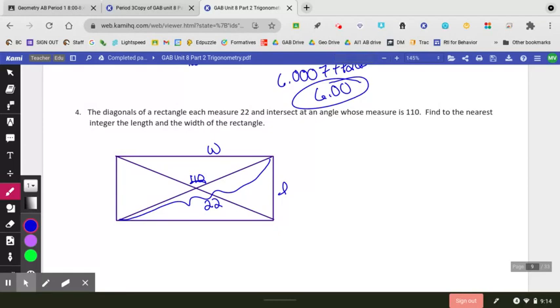So that means that each part there is 11. I don't know that that's necessarily helpful, but I also need to remember that all my angles are right angles. And I'm looking for a right triangle I can use. But I need to utilize the fact that I know that angle there in the middle.